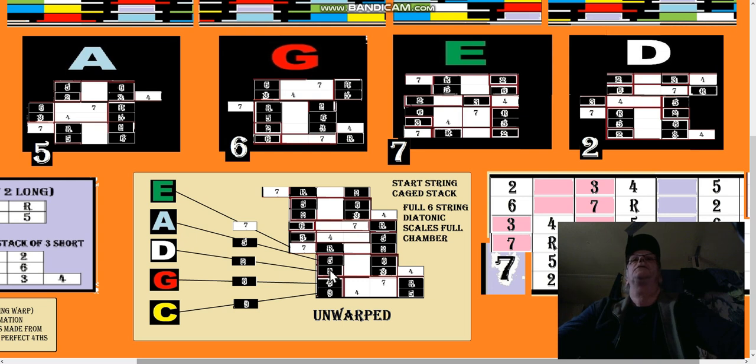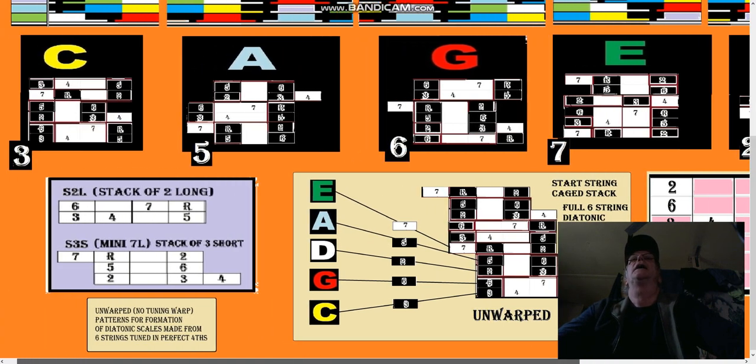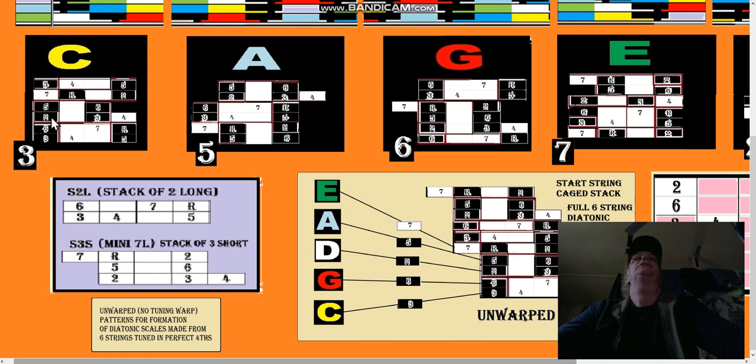What if we said this was string 3? An easy way would be to look at these patterns and find one that has a 2 on string 3. C has a 2 on string 3, right? So really, that's a C pattern.